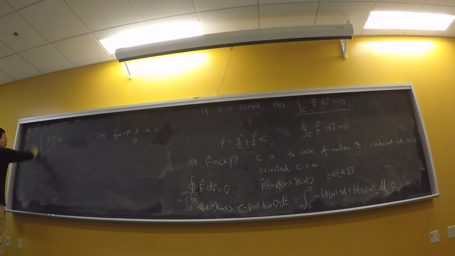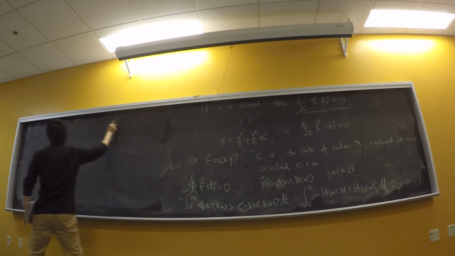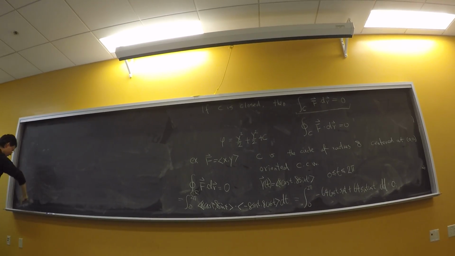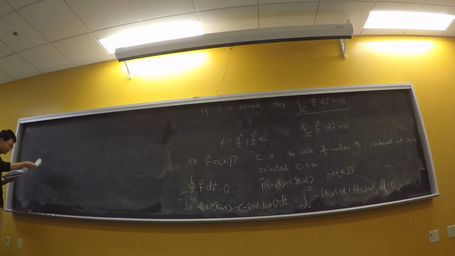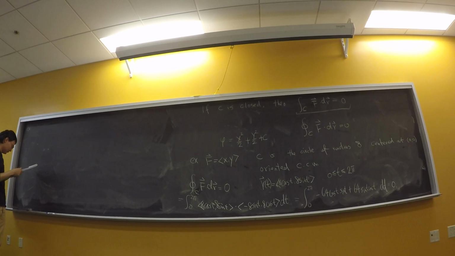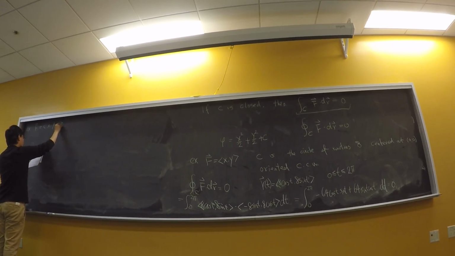So I want to give you one more example to practice our fundamental theorem of calculus for conservative vector fields. So I have this vector field F equal to x, y, and z.